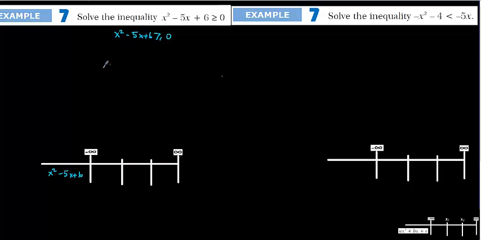And for finding this, firstly I need to find the roots. So for finding the roots, I need to say x squared minus 5x plus 6 is equal to 0. I'm finding x1 and x2 here, and I'm going to write x1 and x2 here.